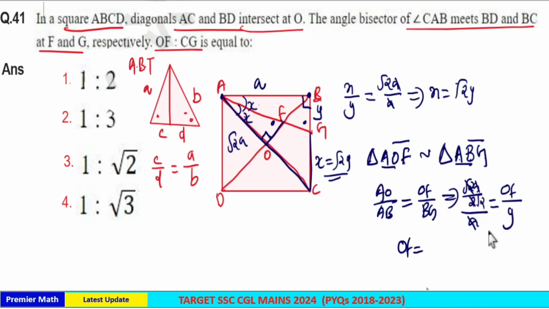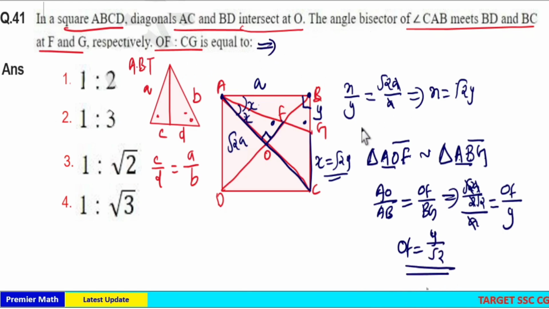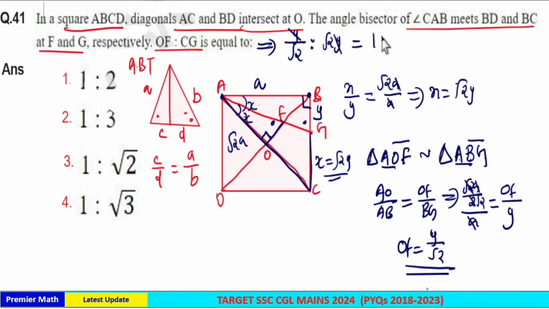So OF is equal to y by root 2. Then the ratio of OF to CG: here OF is equal to y by root 2 and CG is equal to root 2 y. Then y cancels, and the remaining is 1:2. If you multiply by root 2, 1:2 is the ratio.